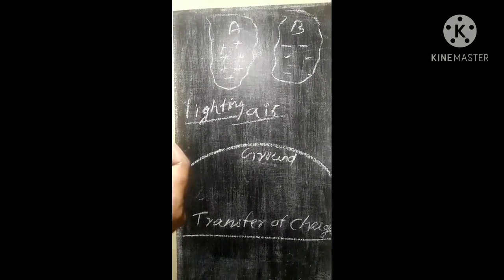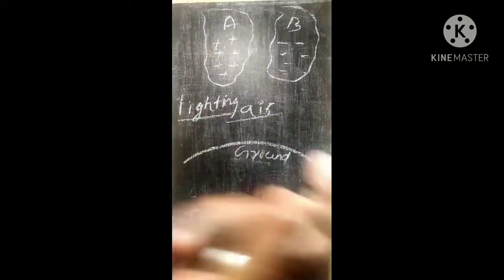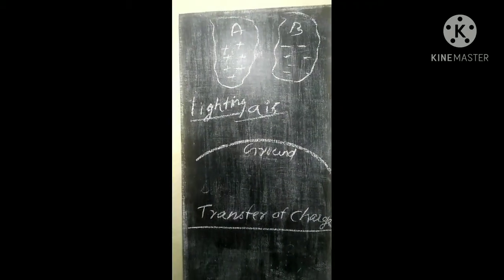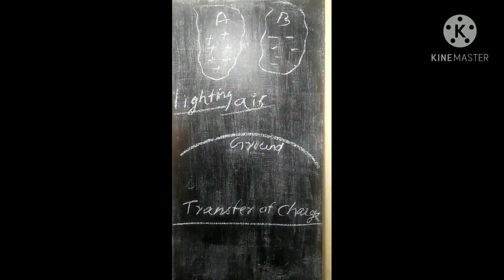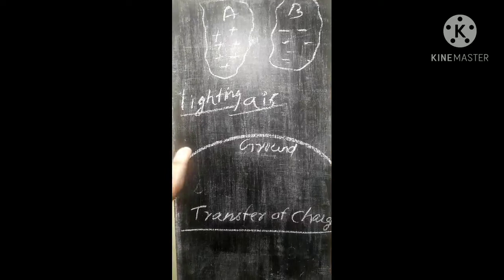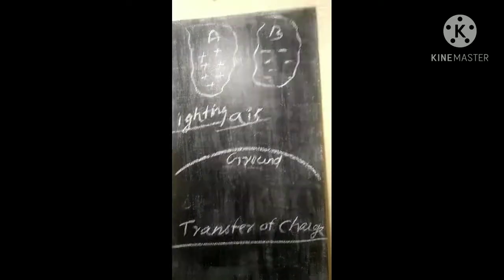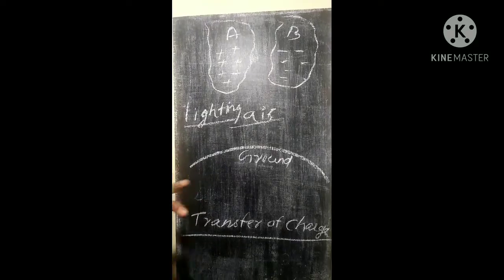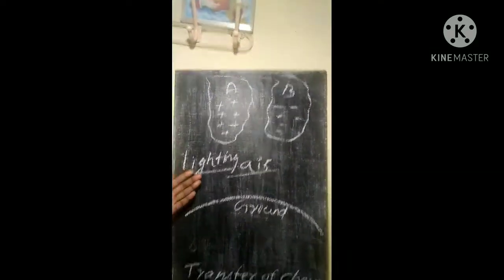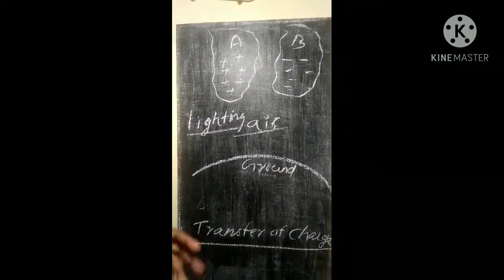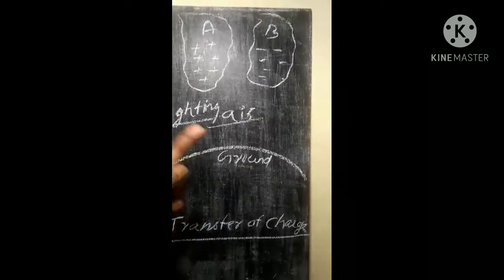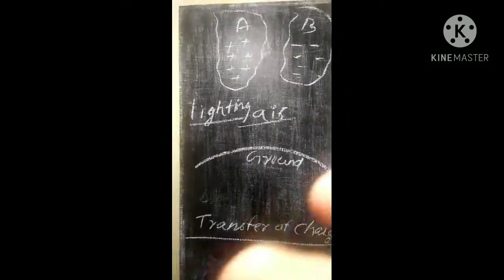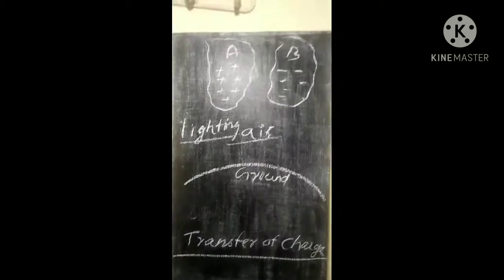That is on a very small scale, very few charges are discharging, and it won't cause any disturbance. But if it is on a large scale, that is lightning, or if continuous charges are flowing, it can make an electric current, and that can cause more disturbance to people.